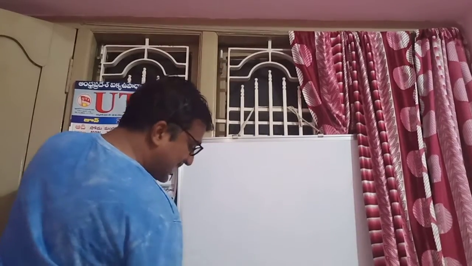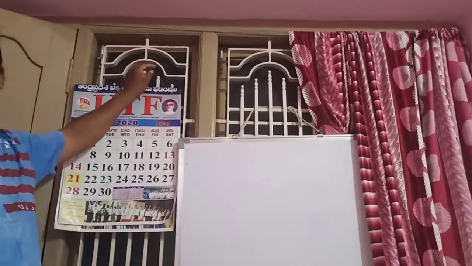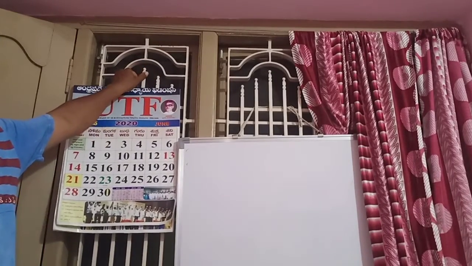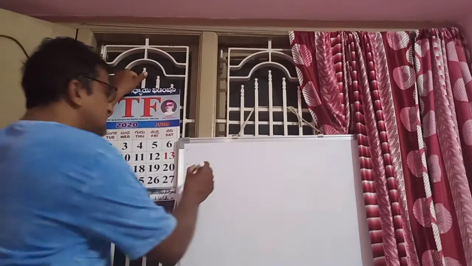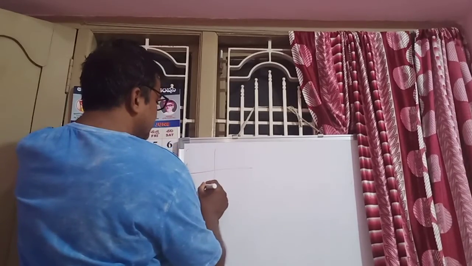Suppose in the textbook they are asking to find the zeros of the polynomial graphically. Suppose they are giving some graphs.